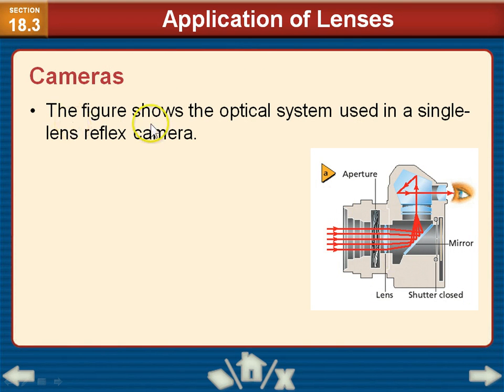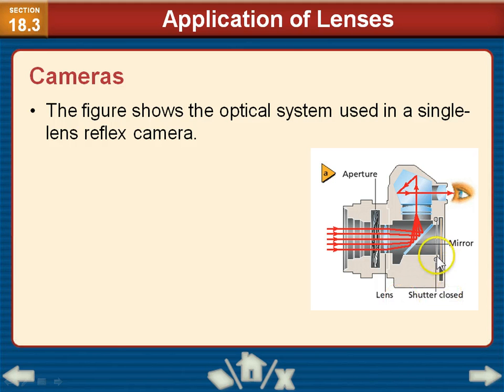When you have a reflex camera, we have a lens and an aperture. The light is bounced off of a mirror and up around through some prism systems, in through a focal piece, and then into your eye so you can see it.